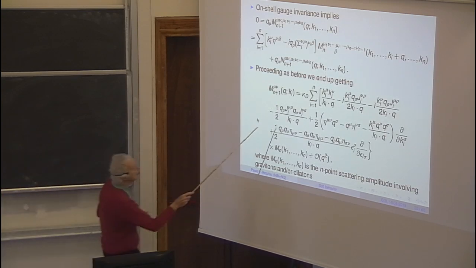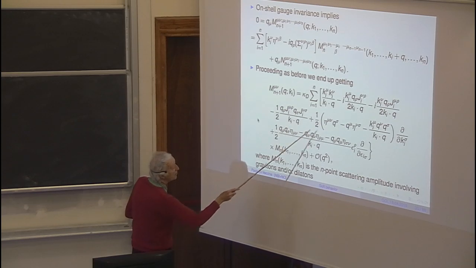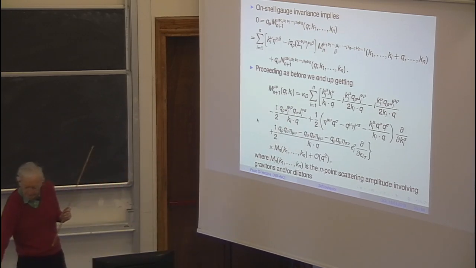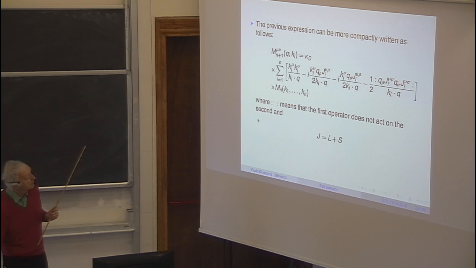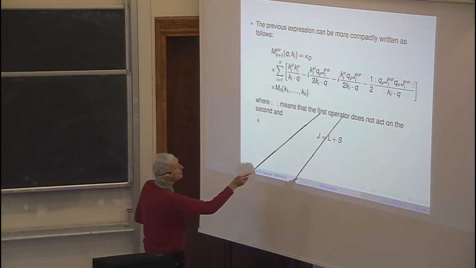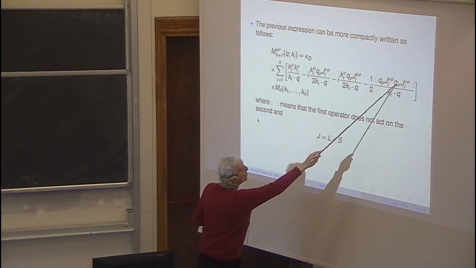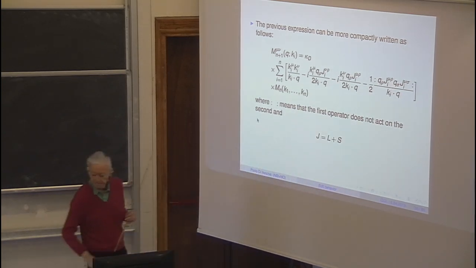Here, this operator in general acts also on this. If you don't let it act, you can cancel all these terms. So it can be written in a more compact form; this double dot means that the first operator acts only on this without acting on the other one.